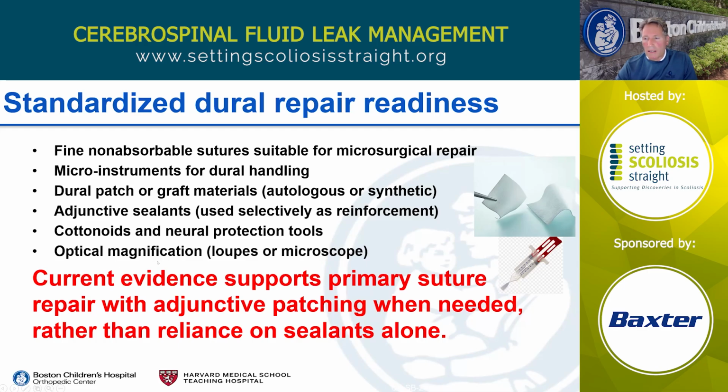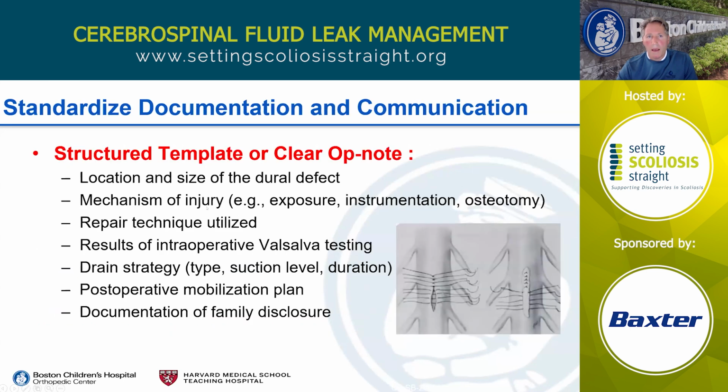I would say add on to that, let your neurosurgeons know that you're going to be doing a high risk case, right? So instead of searching for all these things for your nursing staff once you've opened the dura, have them available. As Taemin mentioned, current evidence supports primary suture repair with adjuvant patching when needed rather than reliance on sealants alone. So that's intraoperative readiness.